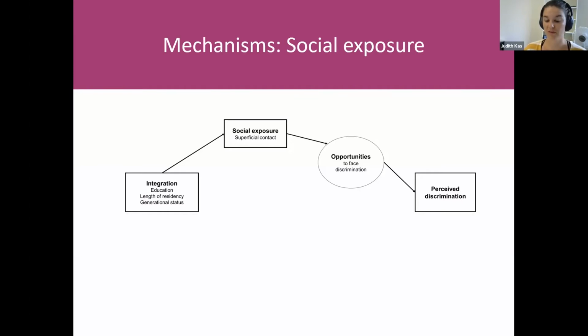So people who have better education and a job encounter more natives, and therefore face more opportunities to be discriminated. So people who are more integrated experience more discrimination and therefore also perceive more discrimination, as there's likely a link between actual and perceived discrimination.